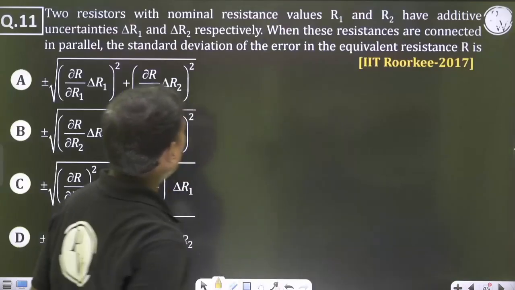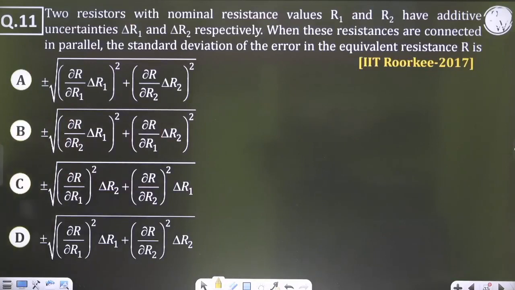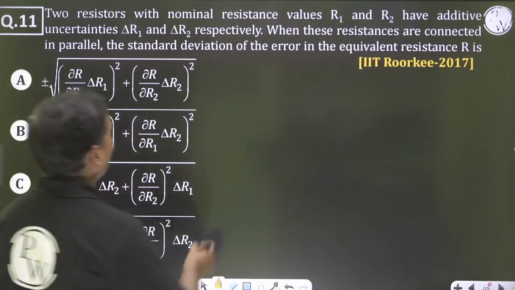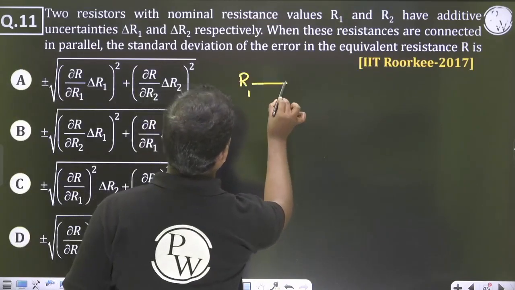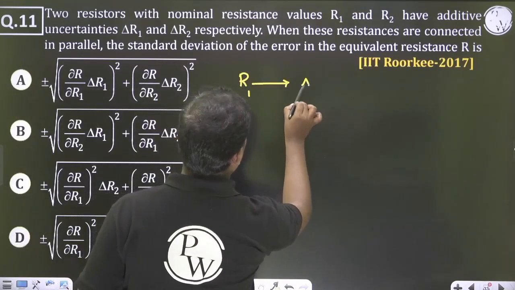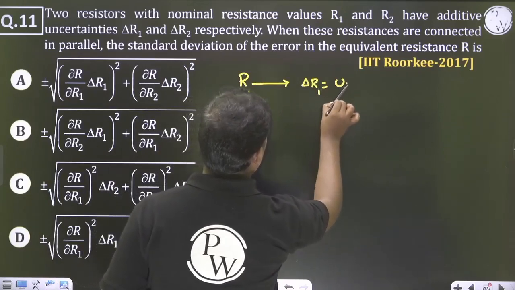Now, coming to this question. Two resistors with nominal resistance values R1 and R2 have additive uncertainties. There is R1; the uncertainty in R1 is delta R1.